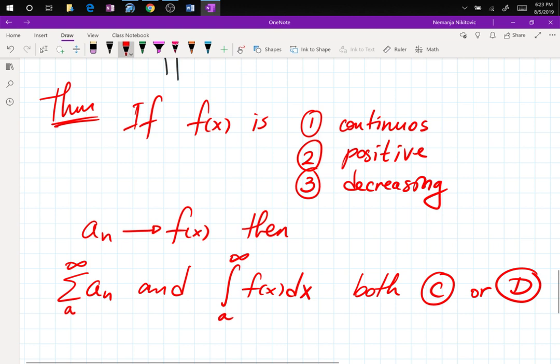So your 1 over n becomes 1 over x, and if we are able to establish those three to be true for 1 over x, then we can do the integral, and whatever integral tells us, that would be the situation we have.